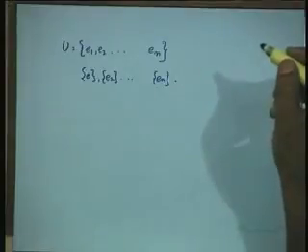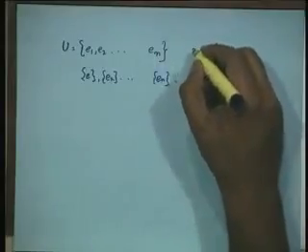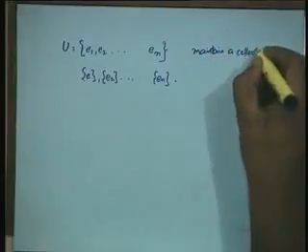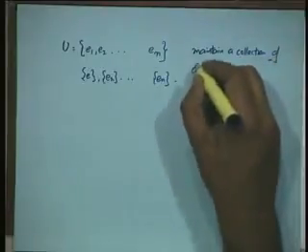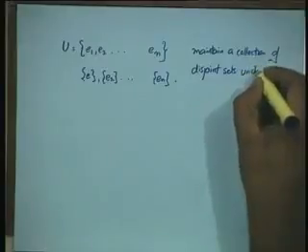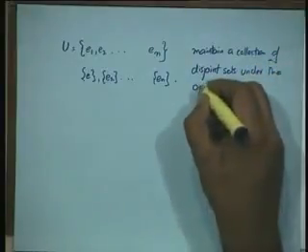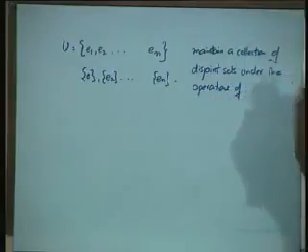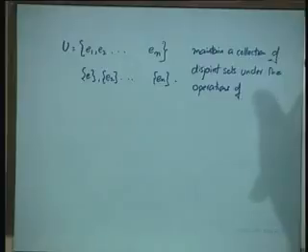So this is a collection of disjoint sets that I have, and at each stage I am going to have a collection of disjoint sets. So what we are trying to do is to maintain a collection of disjoint sets under the operations of, let us see what operations we are going to be doing on these disjoint sets.